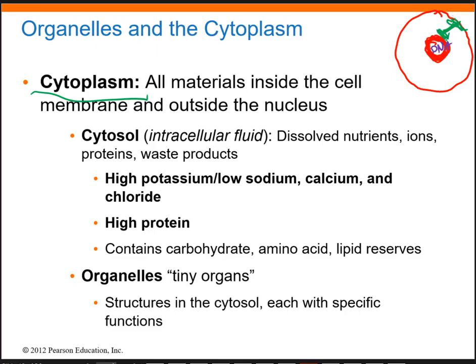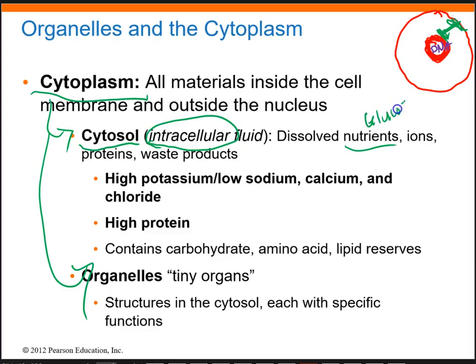And I told you guys that cytoplasm has two components, right? The cytosol and the organelles. The cytosol is the fluid part, the liquid. We refer to it as intracellular fluid because it's the fluid within the cell. This fluid has some stuff dissolved in it, right? It's not just plain water. It has some nutrients in there, right?